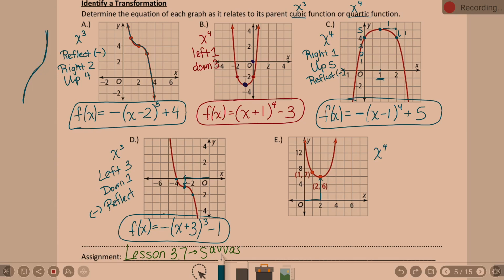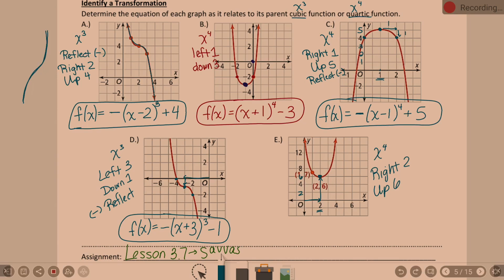Here's what I'm going with: they tell me that's 2, 6. So right 2, there's your 2. Up 6, because if you look, this is 2, 4, 6, 8. Any reflection?